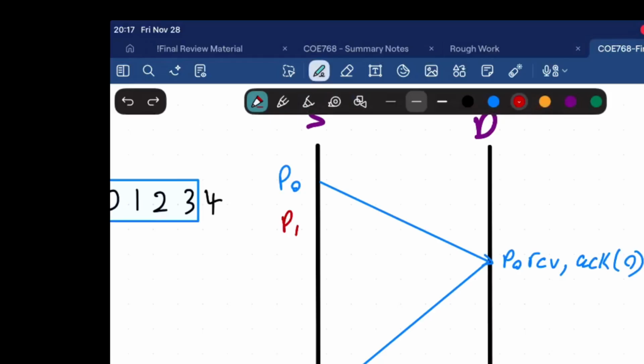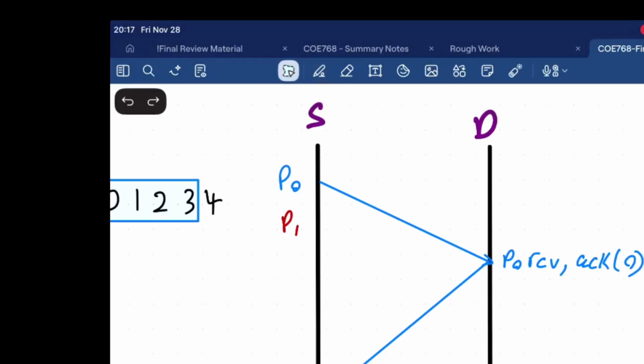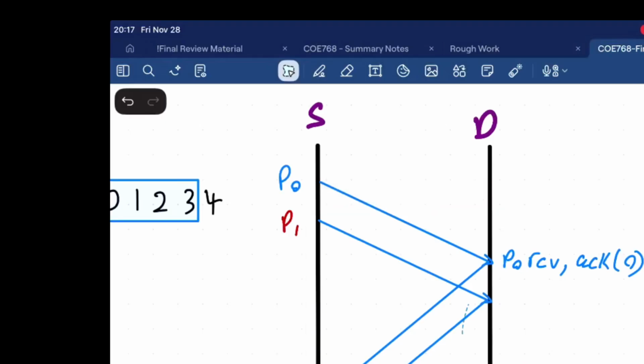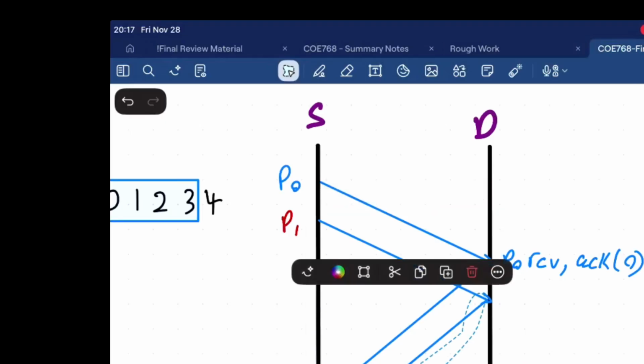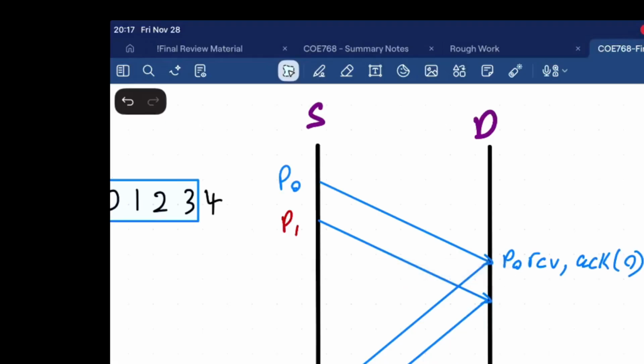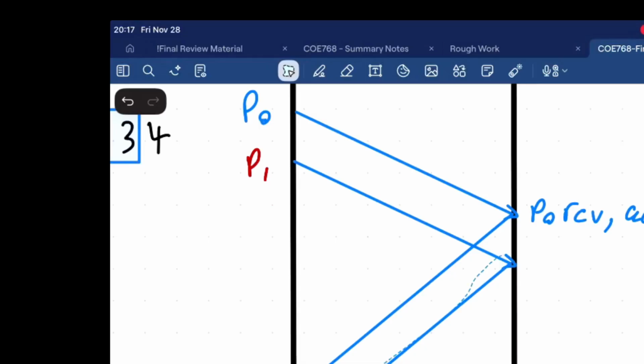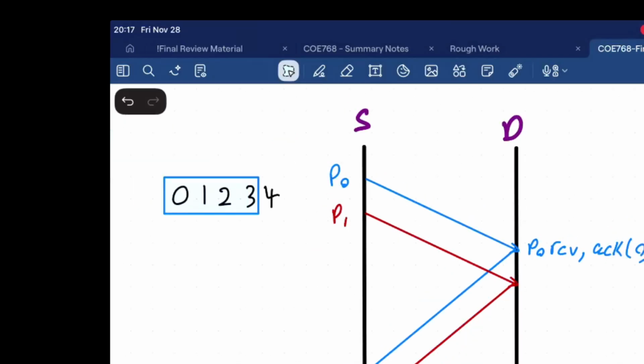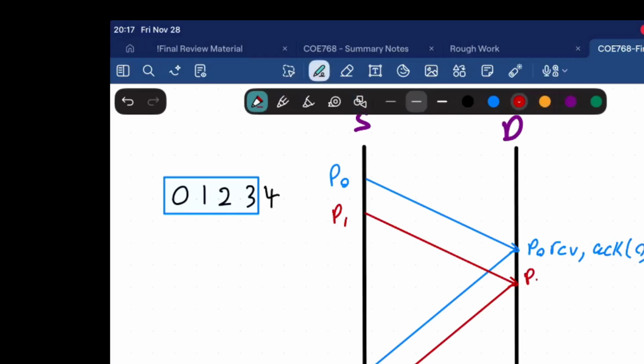Now for P1, we have another bit of data that's being sent over. I will do it in a faster way. I'm just going to take this and duplicate it. And we have the same kind of response from destination, which is P1 has been received, and we will send the acknowledgement that 1 has been received.